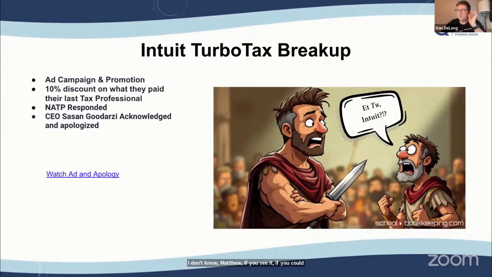So while we're talking about the Intuit TurboTax breakup, if you have been under a rock and not aware of what's been going on, Intuit launched a TurboTax ad campaign and promotion, where essentially they are targeting taxpayers to use their full service tax product for Intuit TurboTax.